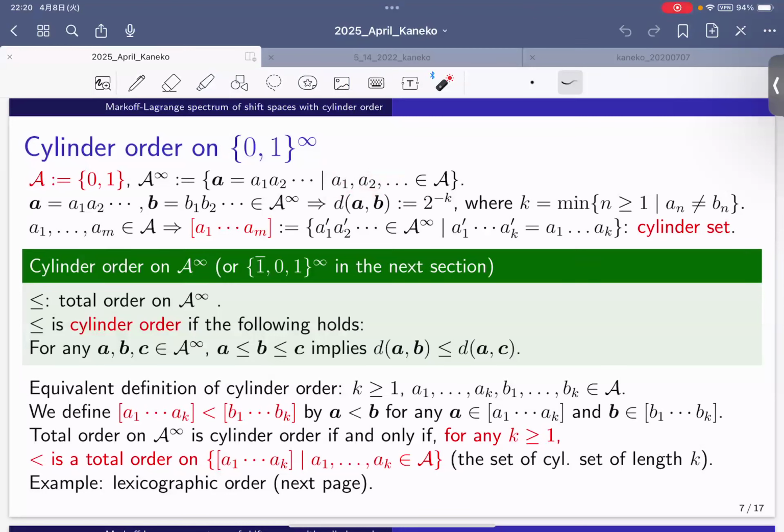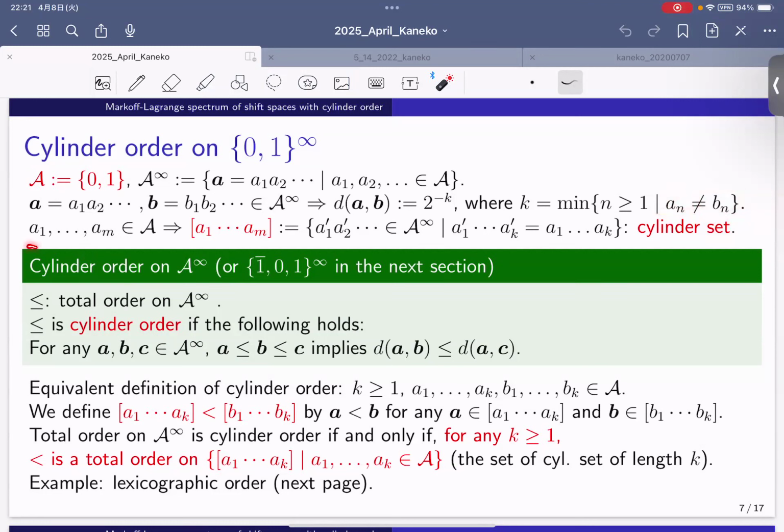You know that this set has a distance like this. For two different sequences, it's the natural distance 2 to the minus k, where k is the minimal index such that these are different.